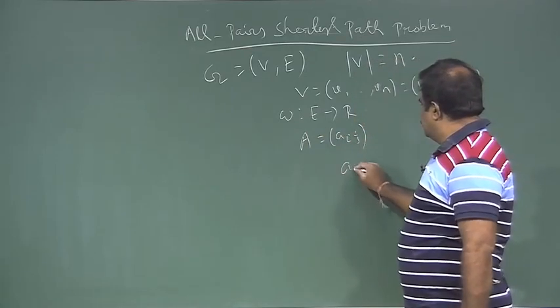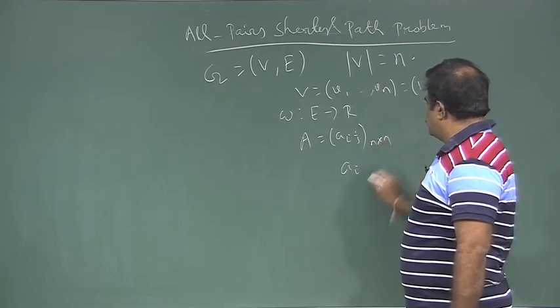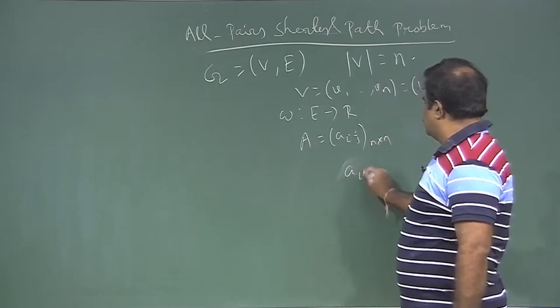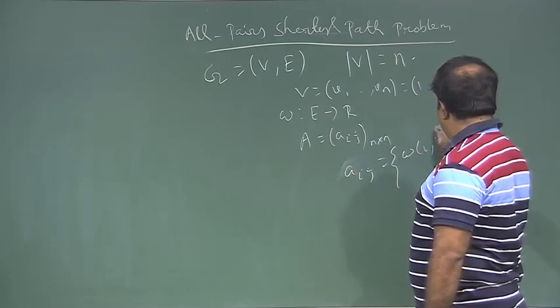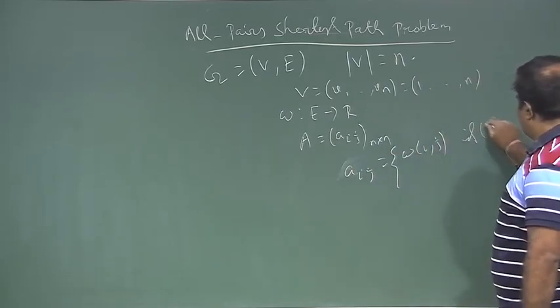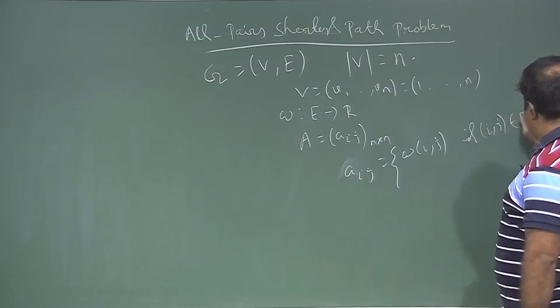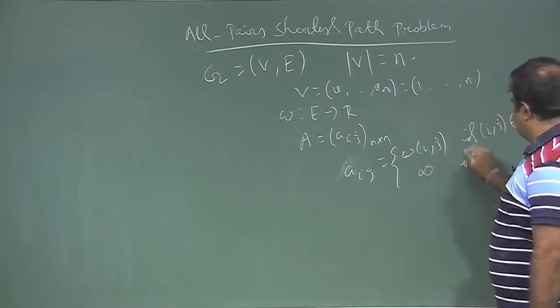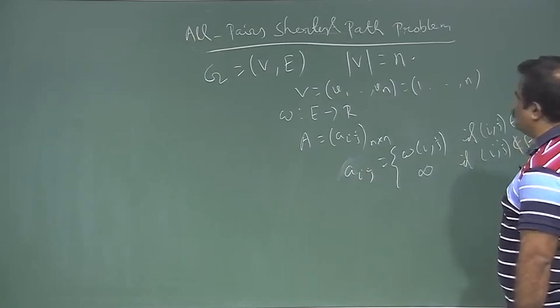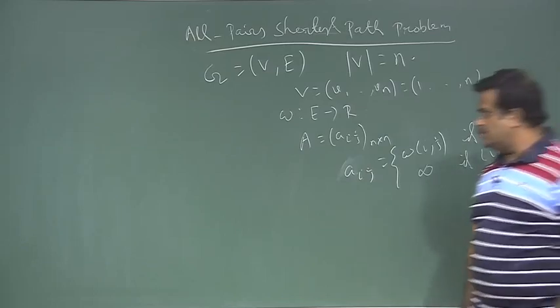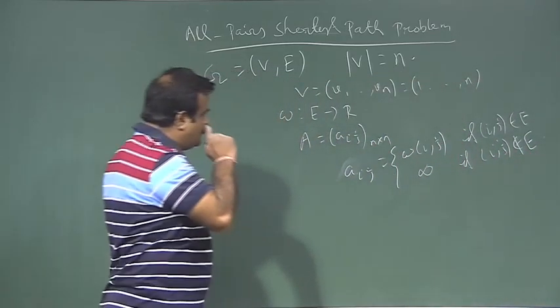This is an n cross n matrix, the adjacency matrix. Aij is Wij if ij is an edge, otherwise it is infinity if ij is not an edge. We cannot put 0 because 0 could be the weight of the edges. So that is the danger with putting 0.